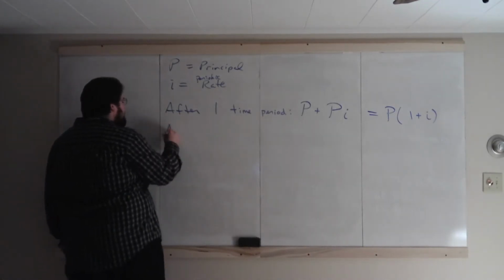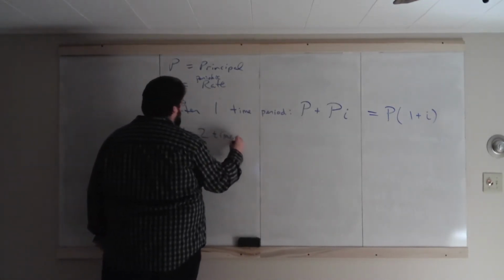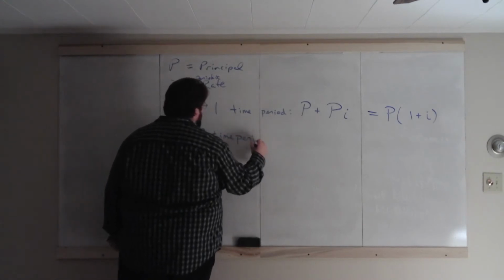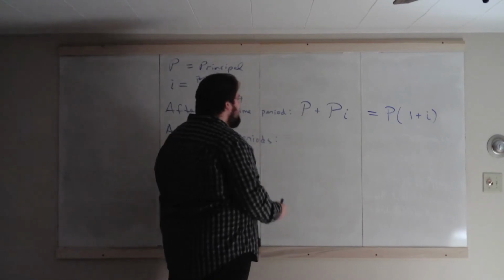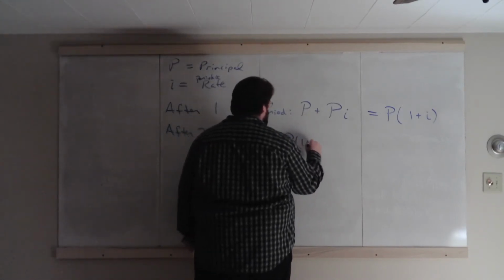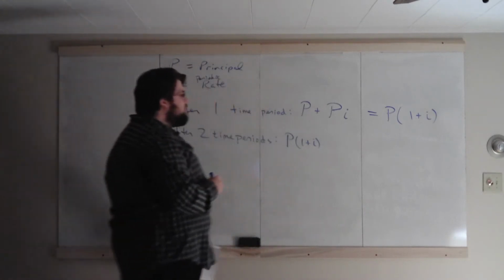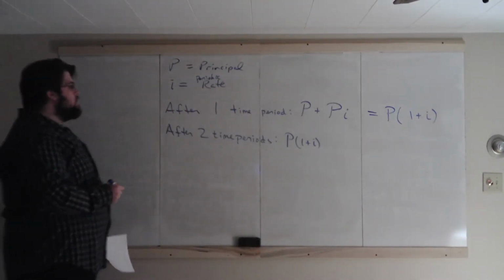Now what happens after two time periods? Well, the same thing happens. You start with an amount. In this case, remember, p times (1 plus i) is the amount in the account after one time period.